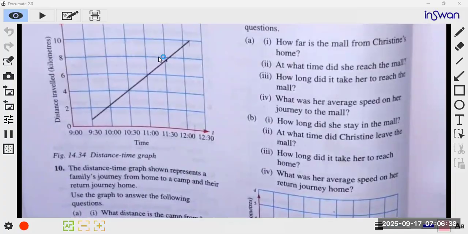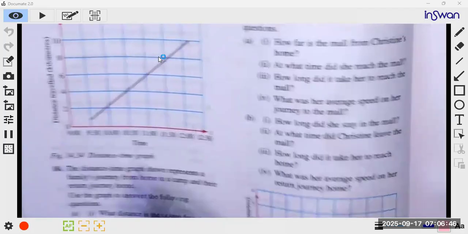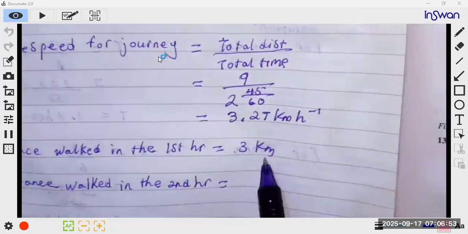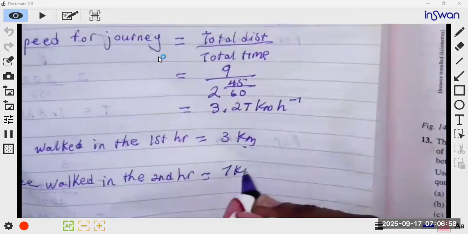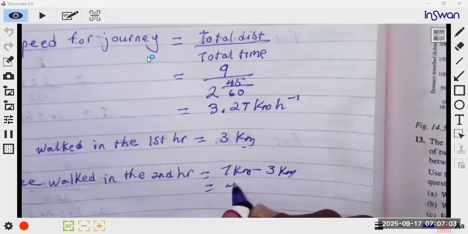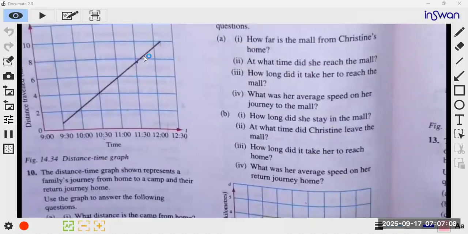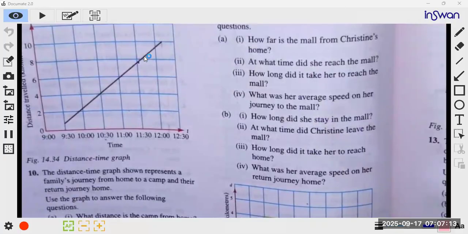So it'll be 7 take away what we have for the first hour, which is 3. Remember our first hour she walked 3. So the total distance walked will be 7 kilometers, take away the 3. And that's how we get the answer to be 4 kilometers. You seeing that? Yes or no? Yes, miss.